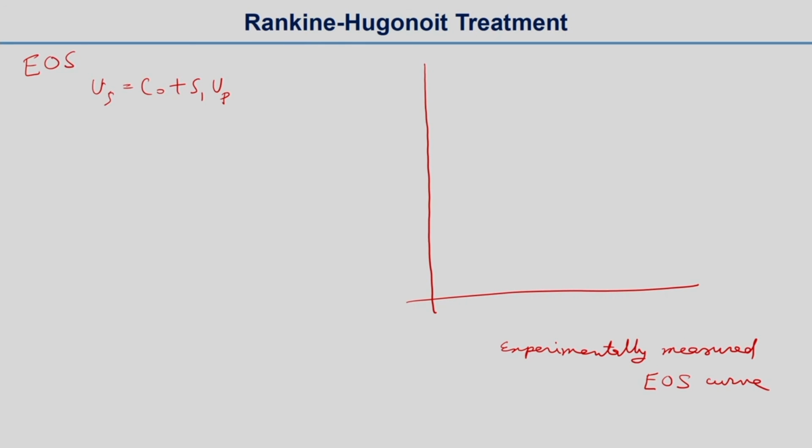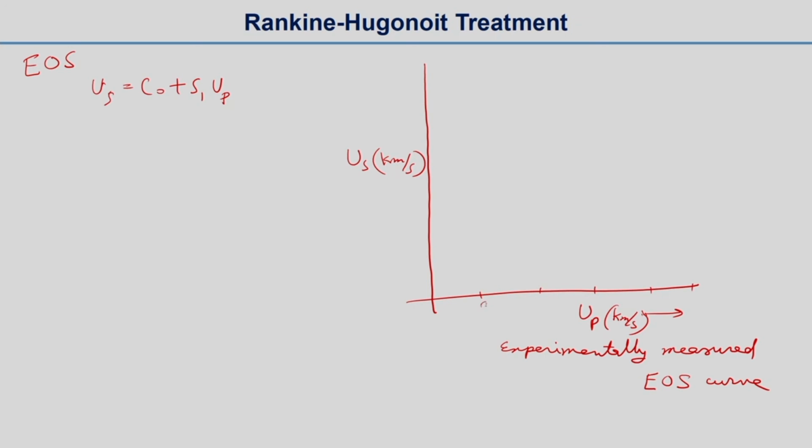So, the x axis will be UP, which is let us say in kilometer per second, because these waves travel very fast, and then US, which is also in kilometer per second.